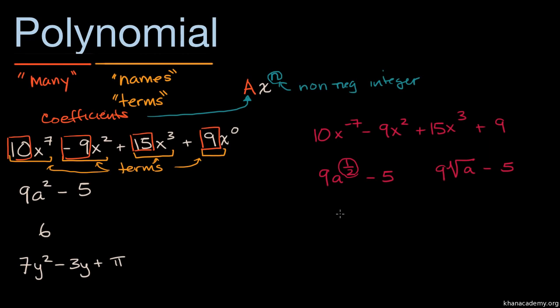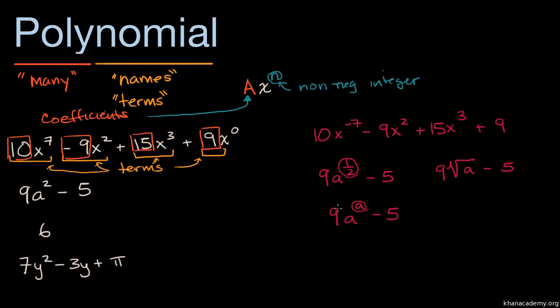This also would not be a polynomial. Or if I were to write 9a to the a power minus 5, also not a polynomial, because here the exponent is a variable. It's not a non-negative integer. So all of these are examples of polynomials.